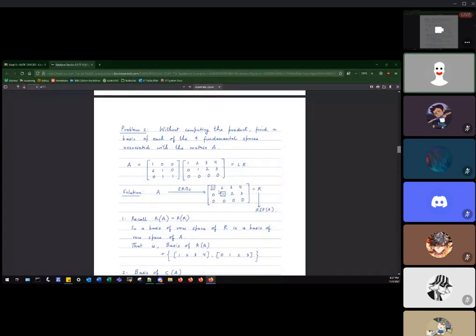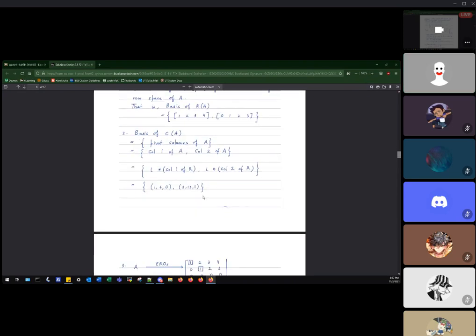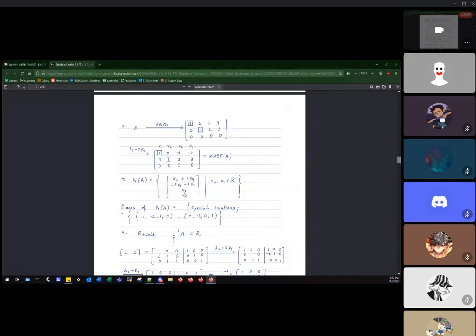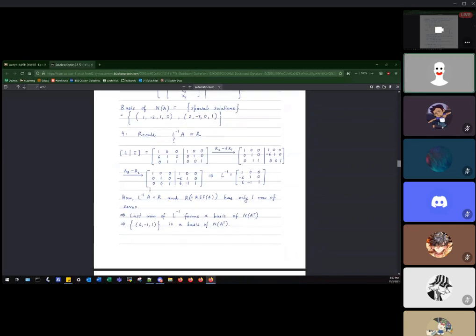Rank is 2, because you have 2 pivot columns. So M minus R is 1. You're looking at the last row of the elimination matrix. That would be just this row, 6, negative 1, 1. And so that would be your only element in the basis of the left null space of A.